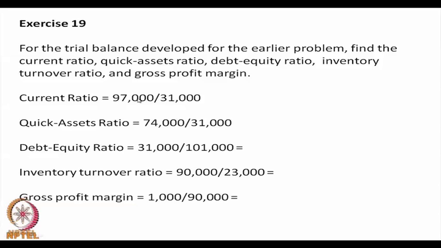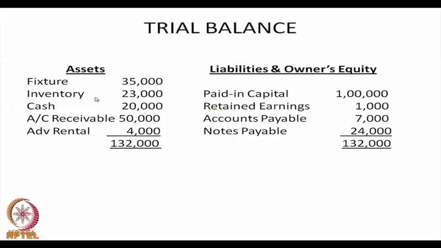But as I told you, inventory is not as liquid as cash. So, sometimes we go for quick assets ratio that does not consider inventory in the current assets. So, what we do? We take not inventory, but the other 3.